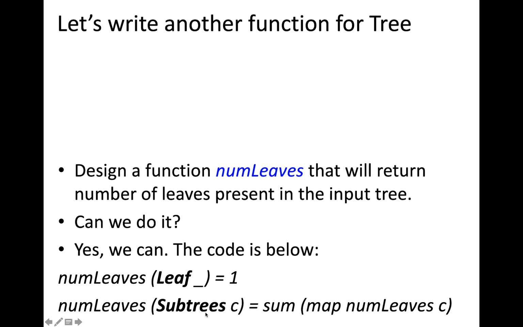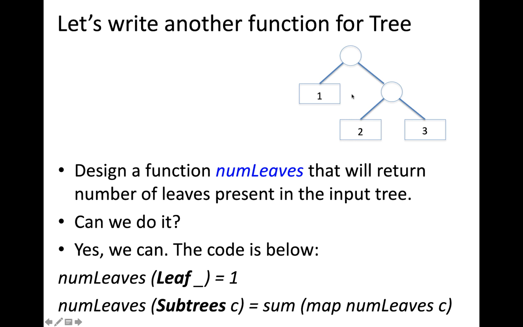When the tree has subtrees, then we are going to apply the same function numLeaves on each item in the subtree array, and then we can just sum them up, those subtree arrays number of leaves together, to get the total number of leaves, right?